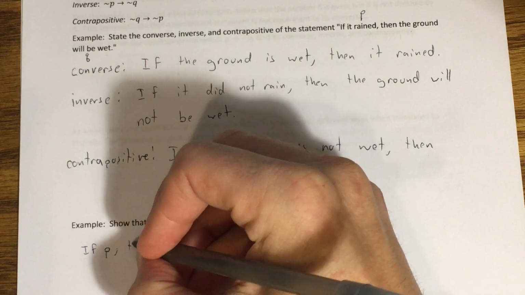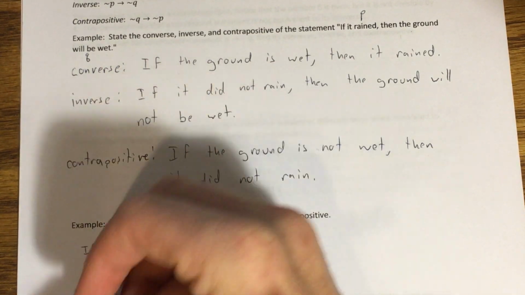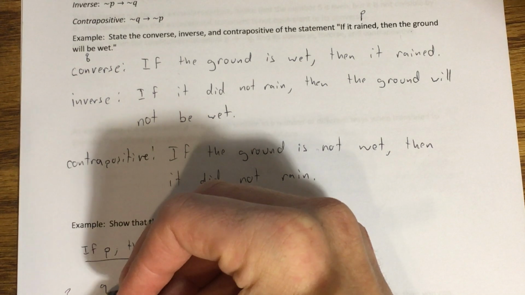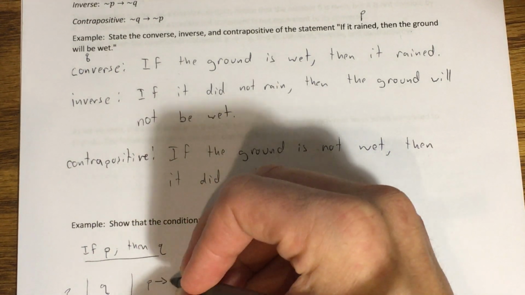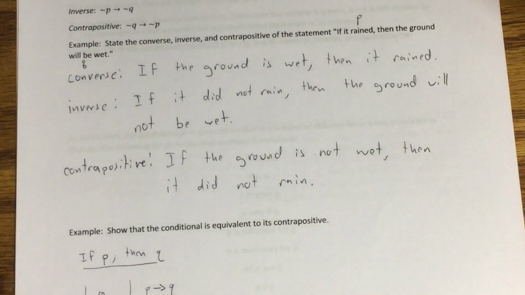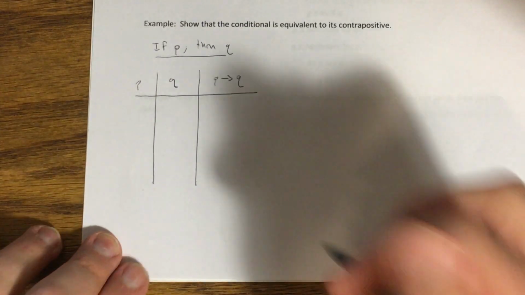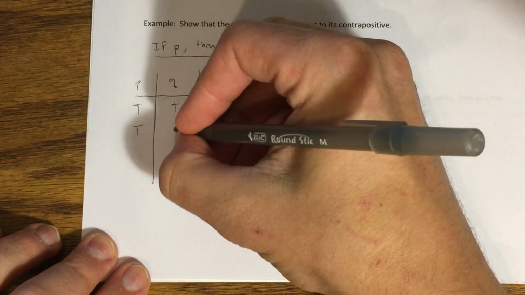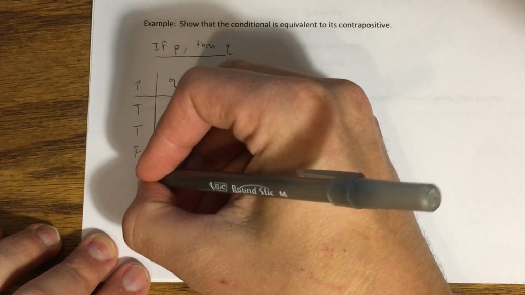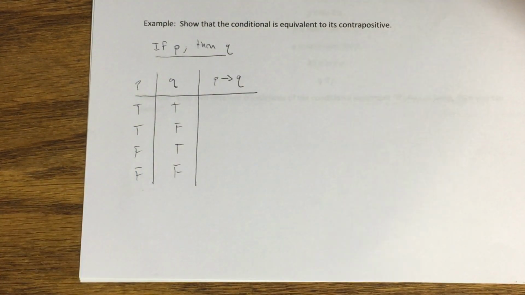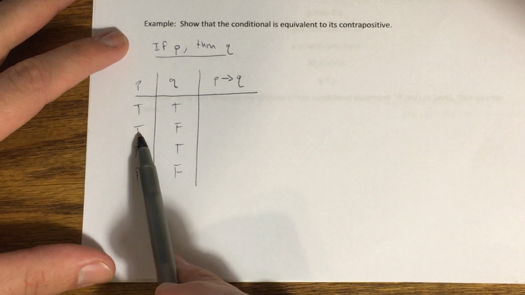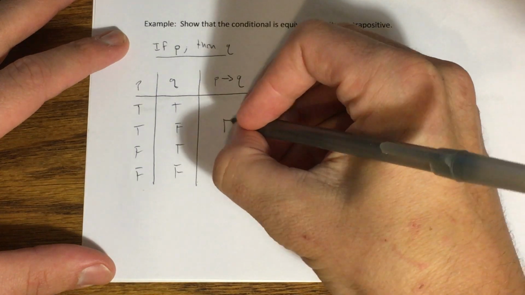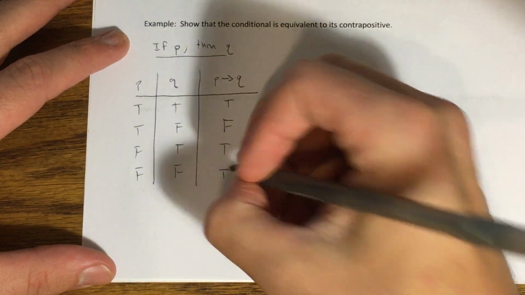If P, then Q. Okay, so we have P, Q, and then we have P implies Q. True, true, true, false, false, true, false, false. Remember, with the conditional, we spent a lot of time in section 3.3 talking about this. The only time it's ever false is if you have a true statement implying a false statement, since that can't happen. In all other cases, we have true.